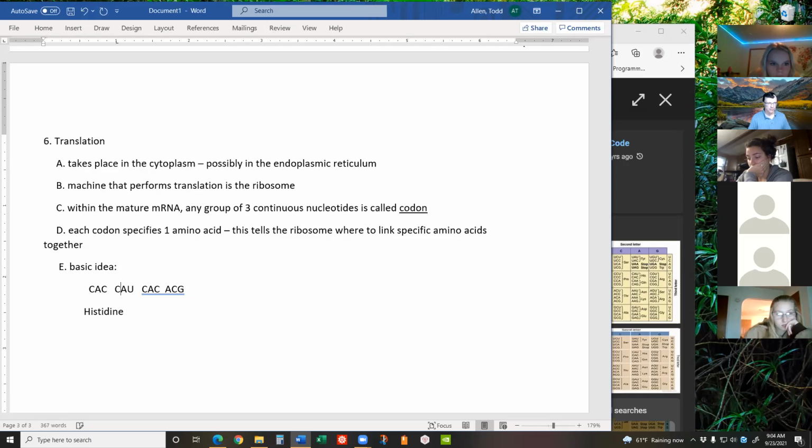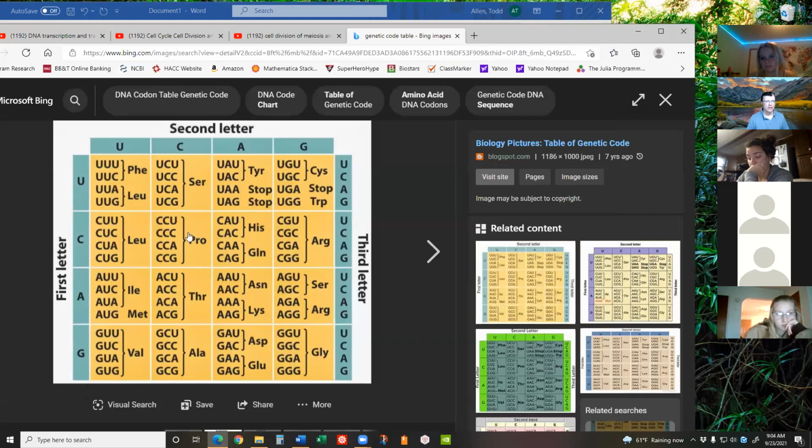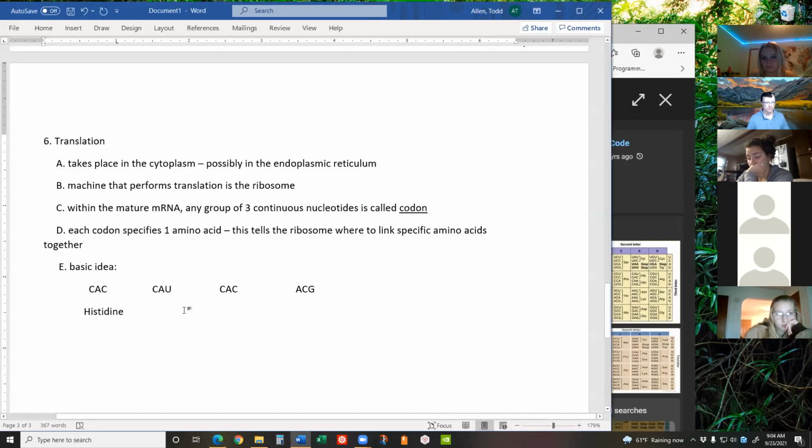Let me separate these out by more space so we can write. All right, next I need CAU. CAU, oh, that's also histidine. Well, CAC is the same thing we started with. That's histidine. Let's see what ACG is.